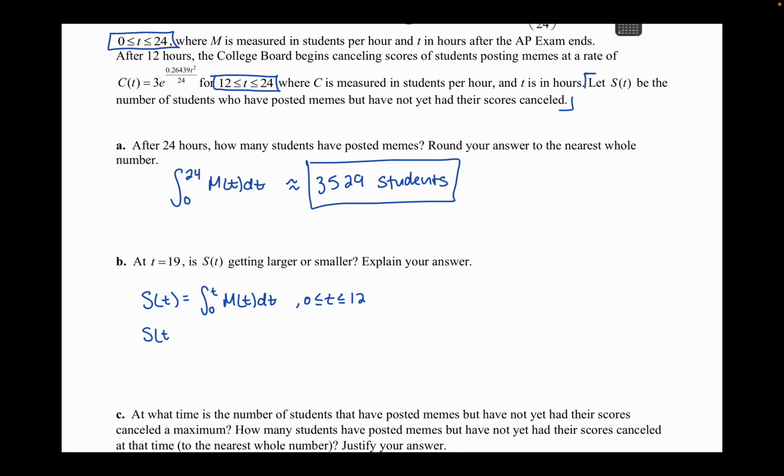S of t after 12 equals the integral from 0 to t of M of t dt minus the integral from 12 to t of C of t dt. So that's 12 to 24.